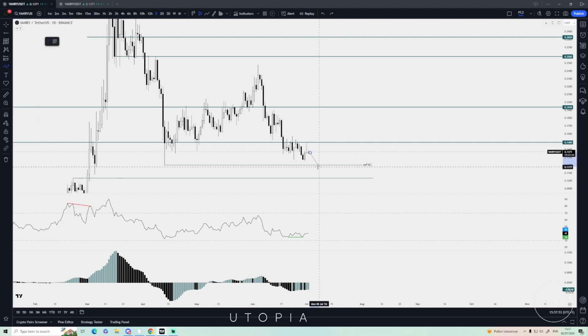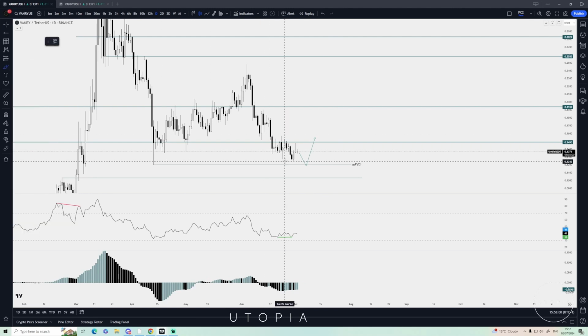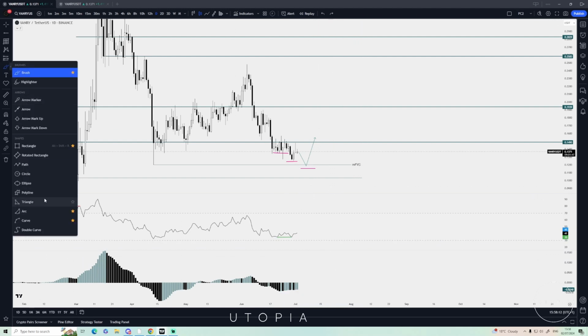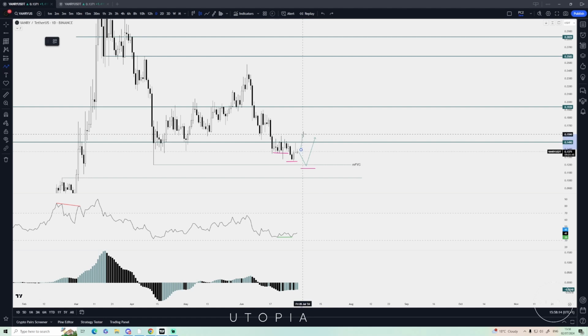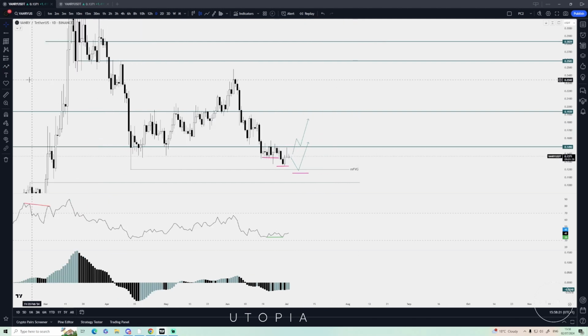Drawing the path, option 1 is to form this 1, 2, 3 drive into the low with the rising awesome oscillator, momentum divergence, and potentially a third divergence on the RSI as well. If that was not the case and we did not get a sweep lower, then we would go with the plan of looking for a break above this 0.15 region.